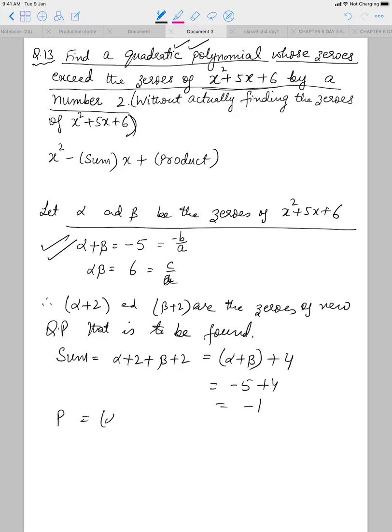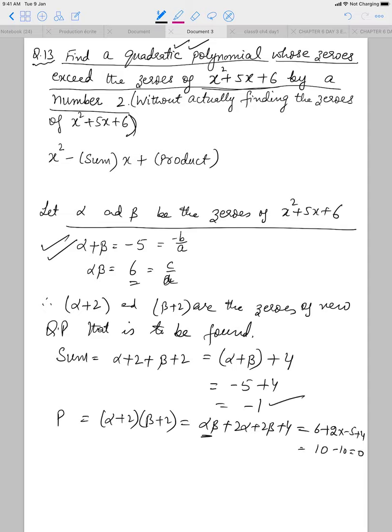Product is equal to alpha plus 2 into beta plus 2, that gives you alpha beta plus 2 alpha plus 2 beta plus 4. Now alpha beta is equal to 6 plus twice of alpha plus beta, that is 2 into minus 5, plus 4. So that gives you 10 minus 10, which is equal to 0.